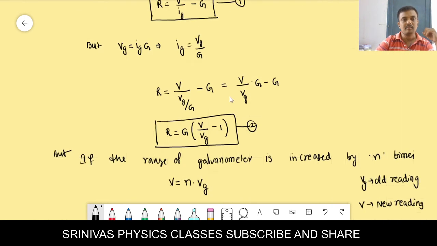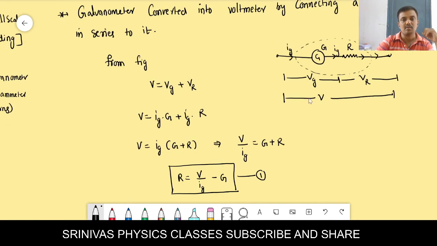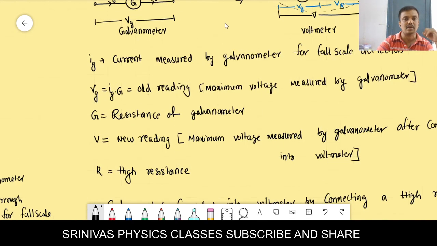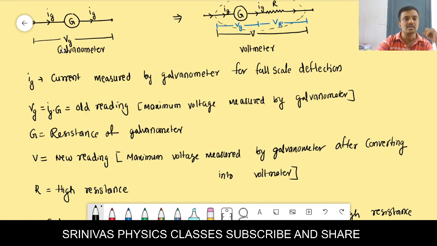The Vg formula, how do we know it is Ig G? Because previously, before converting the galvanometer into a voltmeter, you see this is the voltage, that is the current into resistance. From the galvanometer diagram on the left side, voltage across the galvanometer equals current through the galvanometer into resistance, that we substitute.